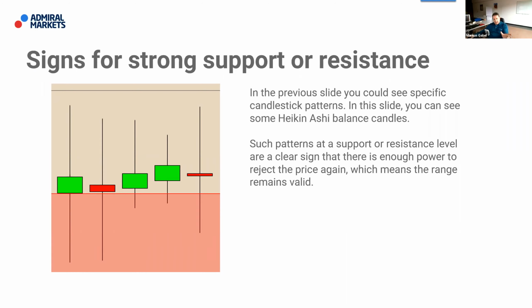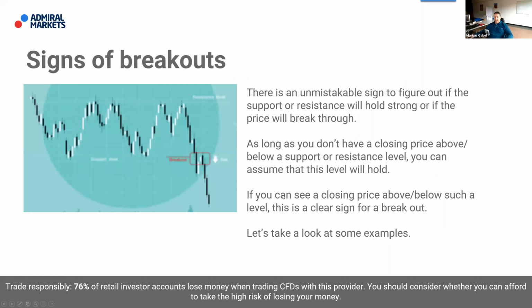If you see such candles on the lower or the upper side, then you can see, okay, no more buyers on the upper side, no more sellers on the lower side. And this is really, really interesting. And there is a really unmistakable sign to figure out if the support or resistance will hold strong or if the price will break through.